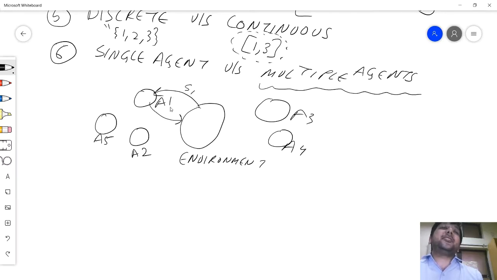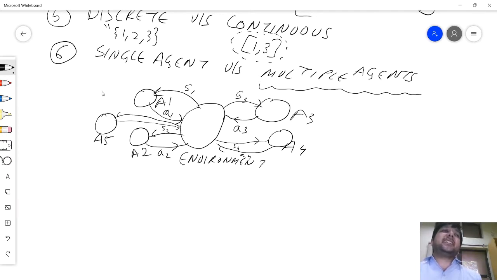So that sensor for agent 1, that's actuator for agent 1. This is sensor for agent 2, and this is actuator for agent 2. This is sensor for agent 3, and this is actuator for agent 3. That's sensor for agent 4 and actuator for agent 4. And of course, you've got exactly the same thing around over here. So that's how we model it.